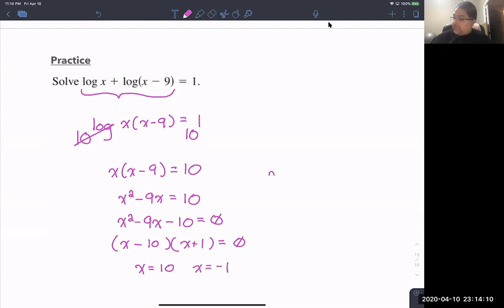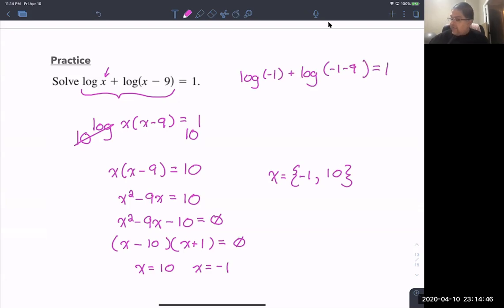Now remember, what did I say? Whenever you have two solutions from a quadratic type problem, you have to go back and check to see if both solutions work and if they uphold the laws of logs, namely that this portion can't be negative. We see immediately that if we plug in negative 1 for x, we get log of negative 1 plus log of negative 1 minus 9 equals 1.